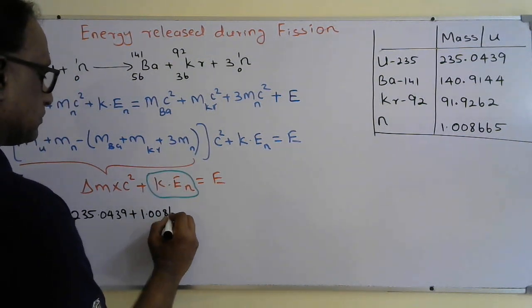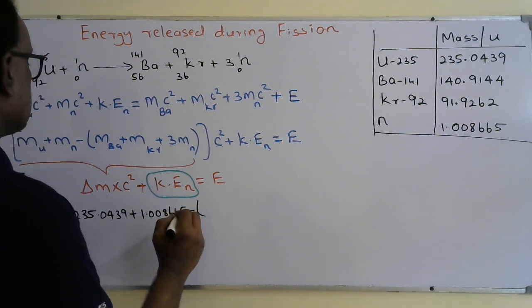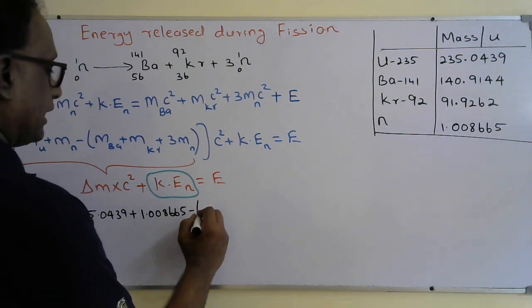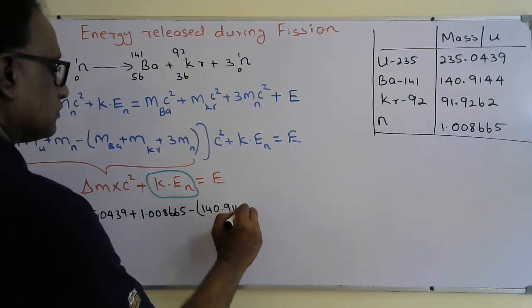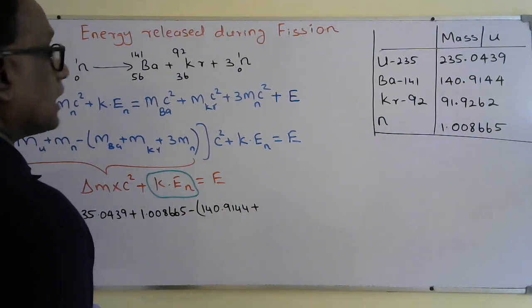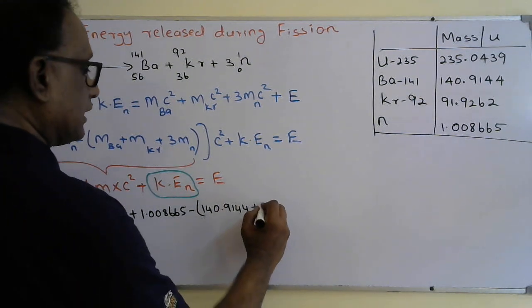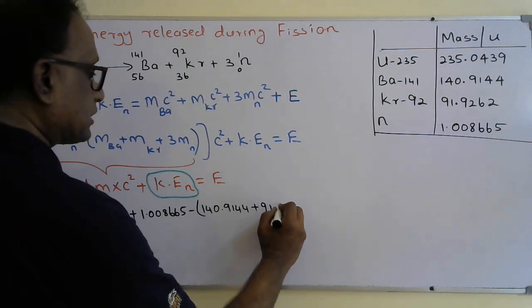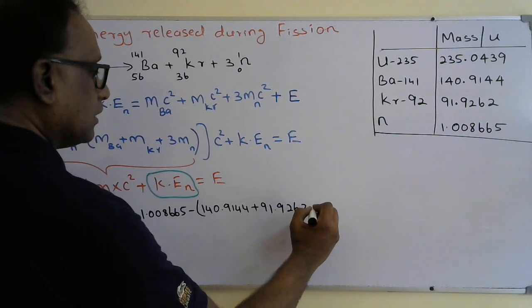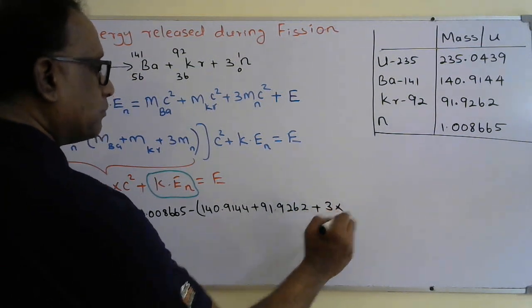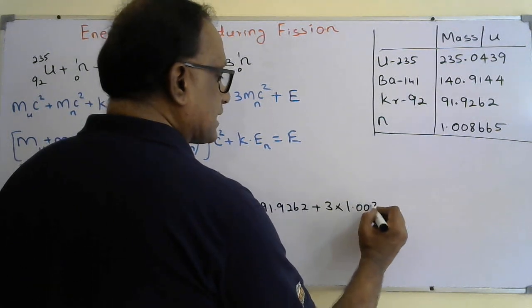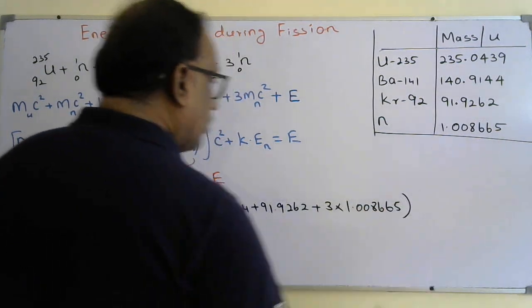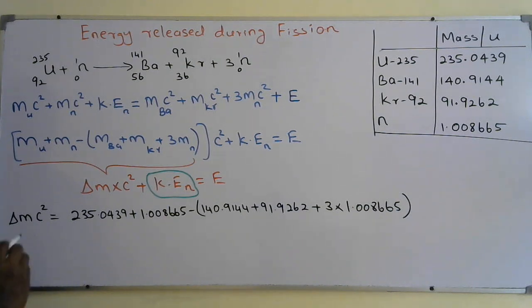Minus mass of barium 140.9144 plus mass of krypton 91.9262 plus 3 times mass of neutron, 1.008665.